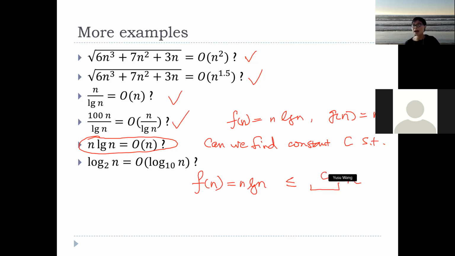So this is what we're asking, whether such a constant exists. Okay, what do you think? Does such a constant exist?